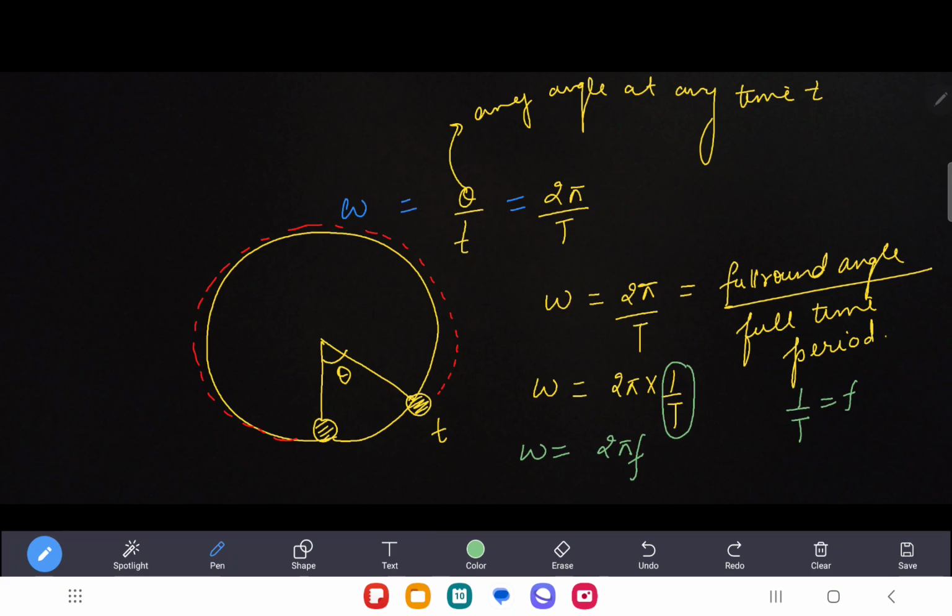Sometimes we have to calculate the time period. So from here, time period shall be 2 pi over omega.